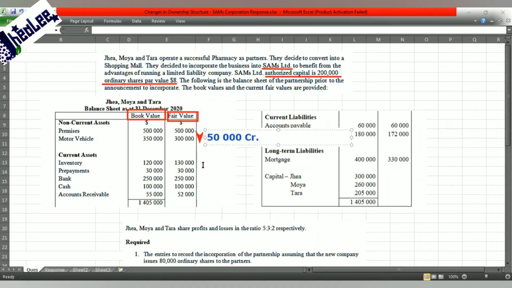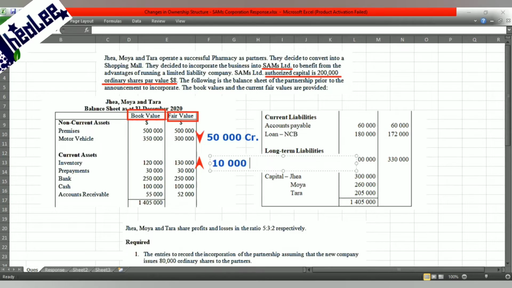Next, inventory. The original figure is 120,000, and the fair value is 130. So there is an increase of the difference between the two figures, which gives us $10,000. This is an asset again. When there is an increase in the asset, you are to debit the asset account.